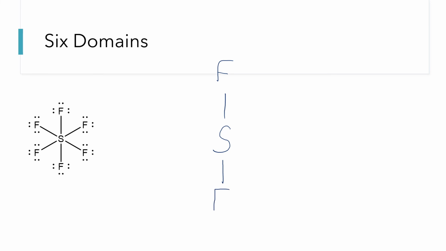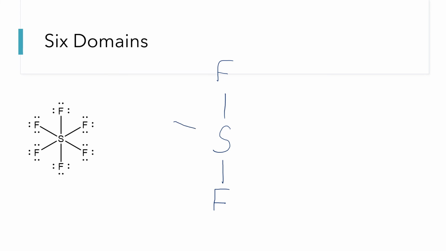Now there are a couple different ways that this shape gets drawn. I'm going to go with the one that I like the best, which is to think about the remaining equatorial type positions as forming a square as opposed to a triangle, back with the trigonal bipyramidal structure. And we're looking at it sort of edge on.